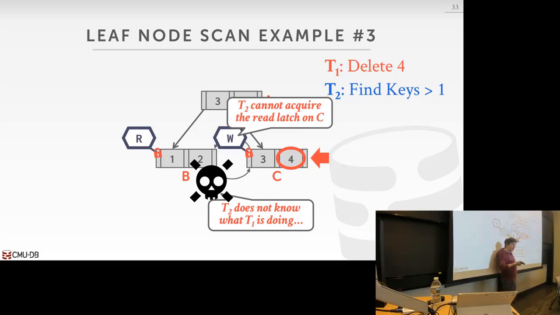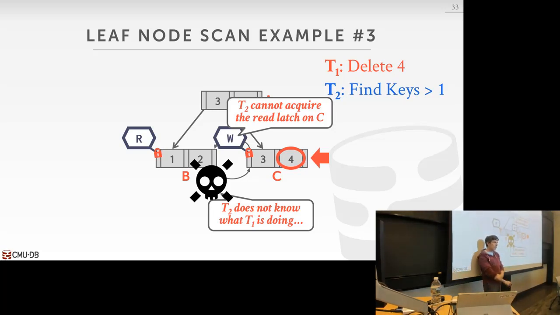Sure, you can do that, but how do you actually implement that in your code? Now you need a way to interrupt this guy in whatever it's doing to then go steal the latch. That's super hard because, again, we're doing these small critical sections. I don't want to check a global variable that says, did somebody hate me and I should die? So having to coordinate that is just not worth it.